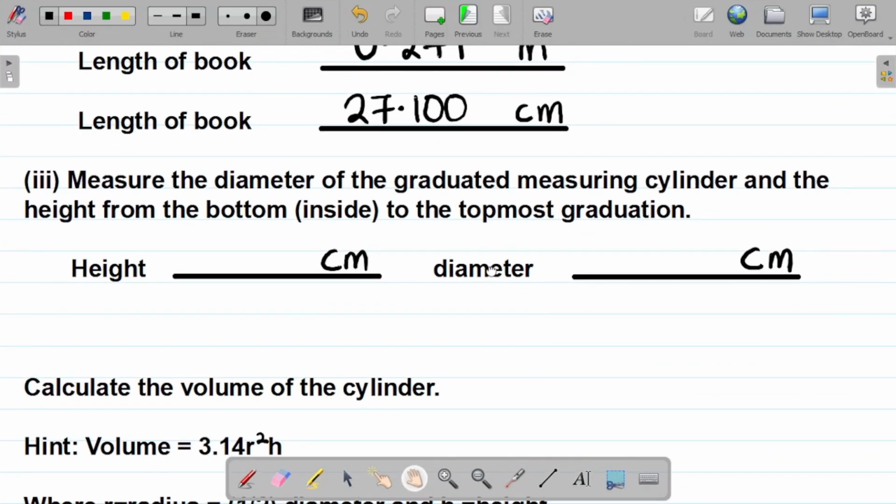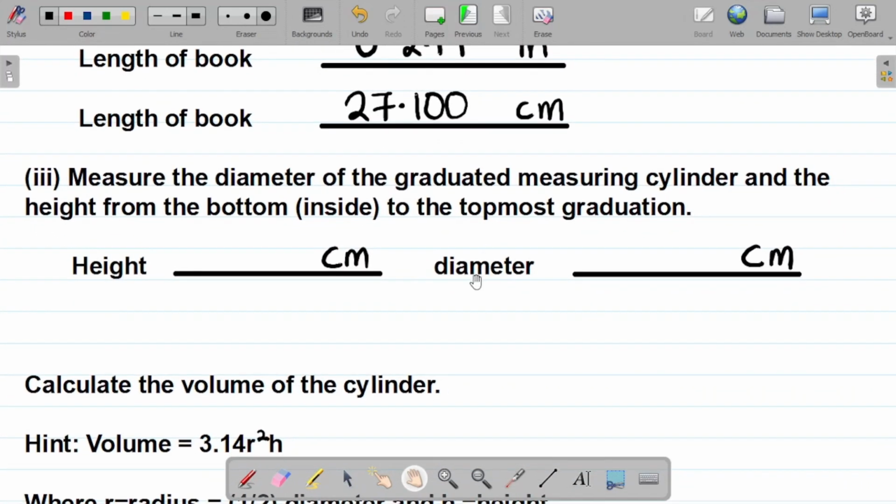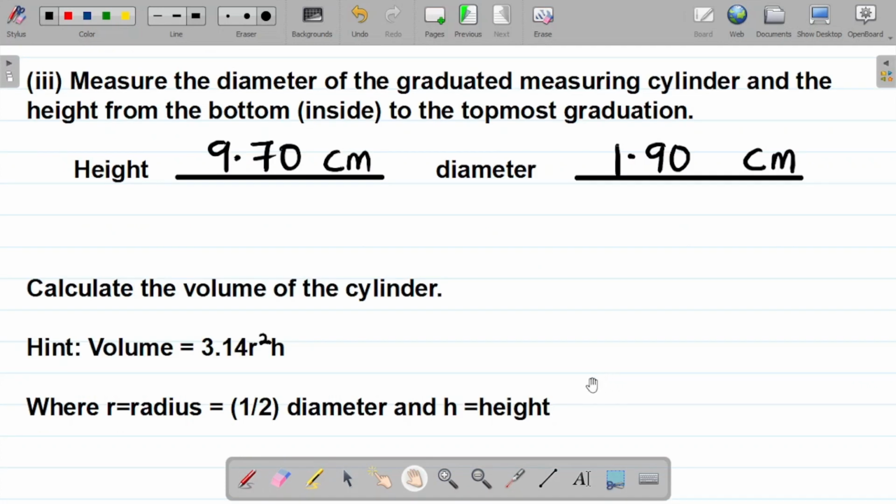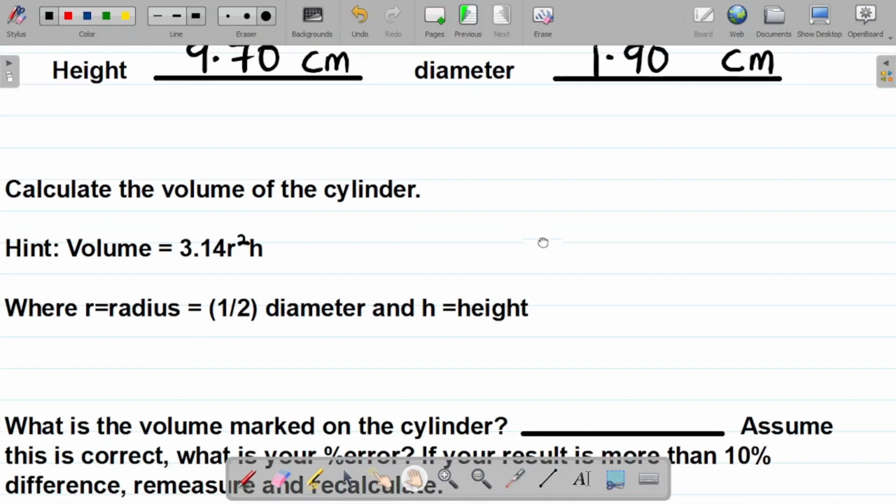Moving on, the third says measure the diameter of the graduated measuring cylinder and the height from the bottom inside to the topmost graduation. When I did mine, the height was 9.70 centimeters, and the diameter was about 1.90 centimeters. Next, it says calculate the volume of the cylinder.